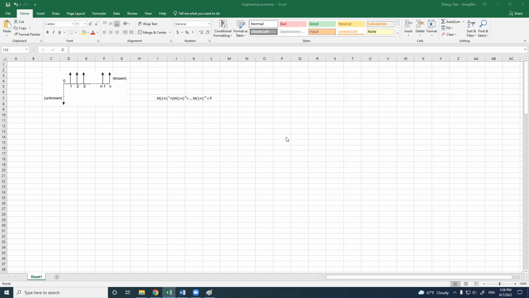All right, so the major problem here is: if we know the present value, which is P here, and we know the interest rate and how many periods you want to pay it back, what is the equal payment?